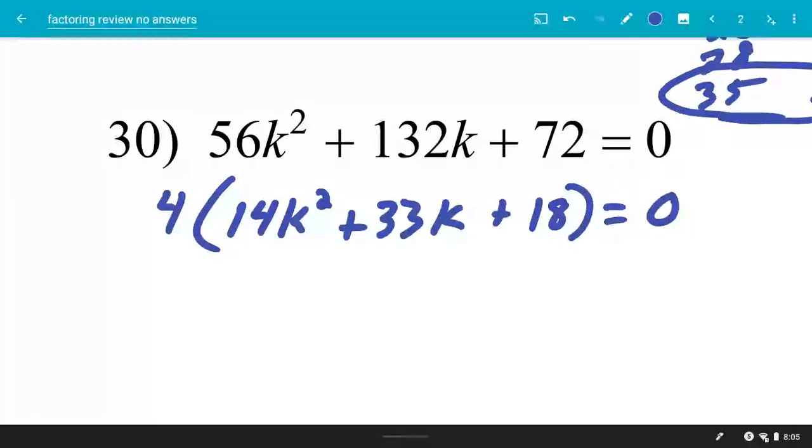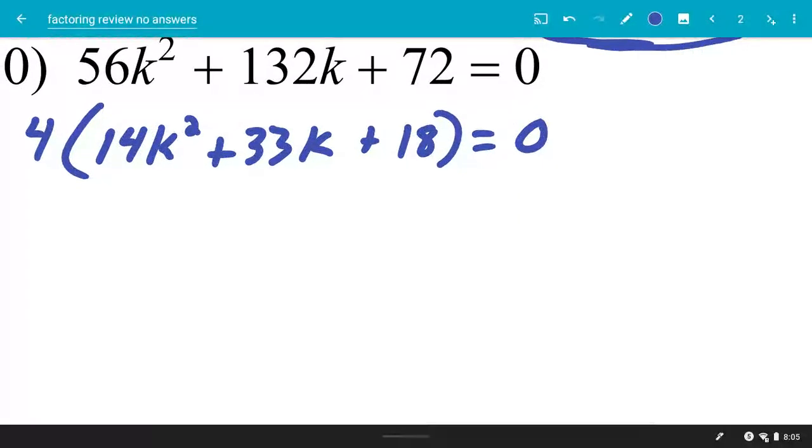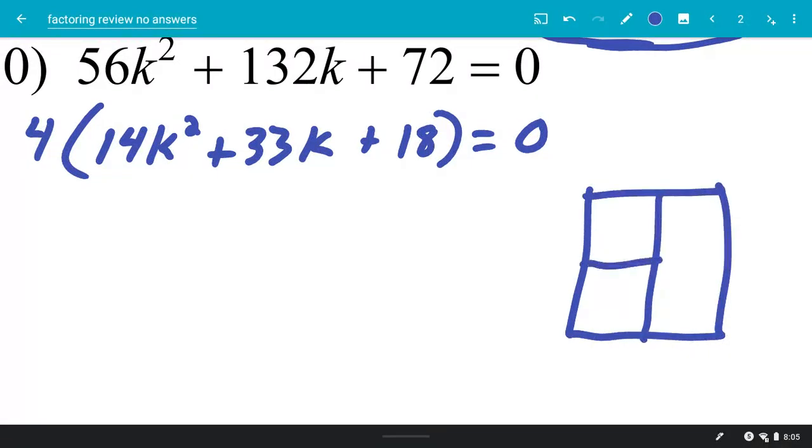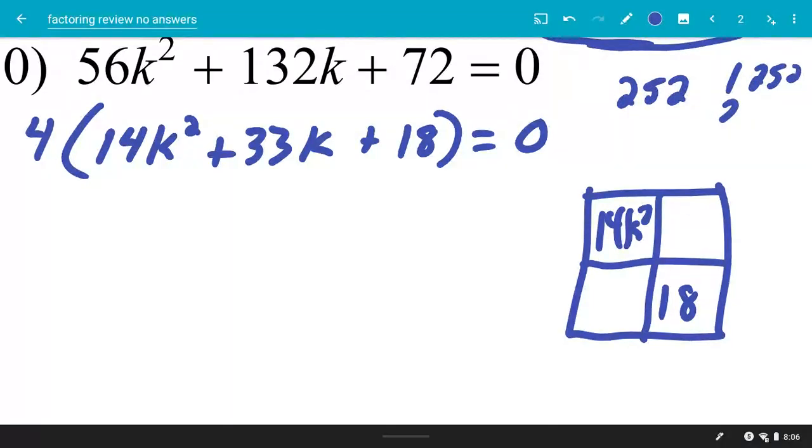Okay. Still got to use the box method on the inside, which is 14K squared and 18. Okay, so 14 times 18 is 252. Here we go with another long list again. 1 and 252. 2 and 126.